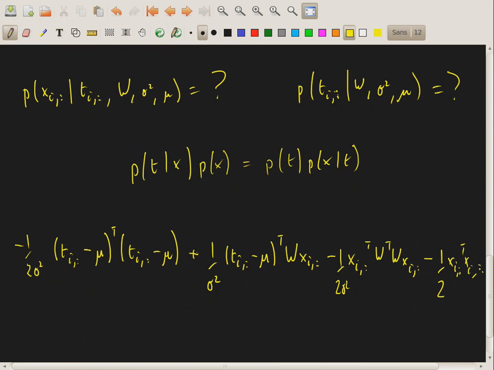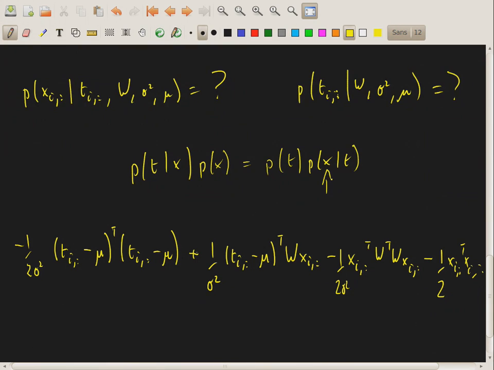So what's the next stage? Now we've written that out, what do I want to do now? That's the exponent of this guy, and it's the exponent of this guy, because they're equal. What am I interested in finding here? Probability distribution in which variable?